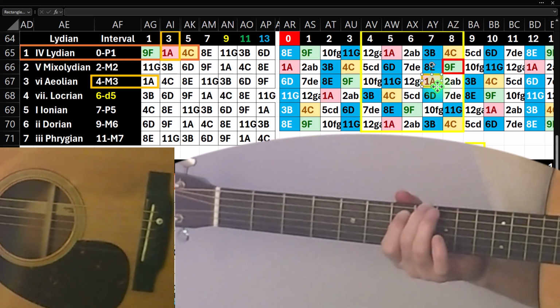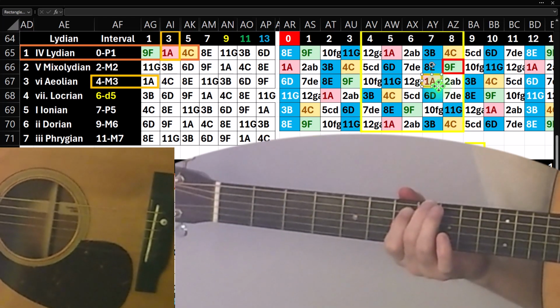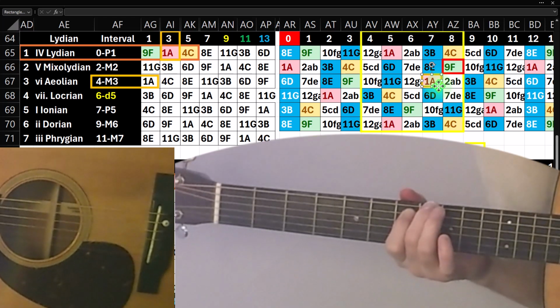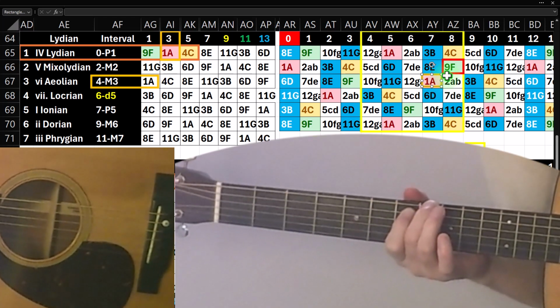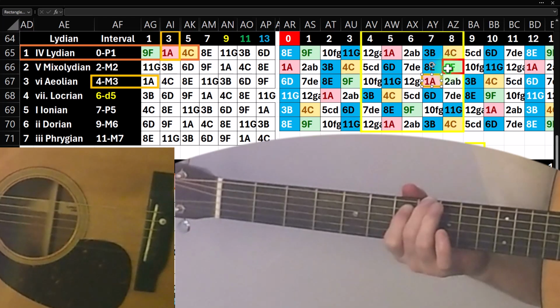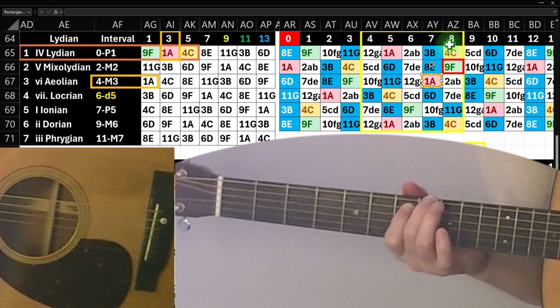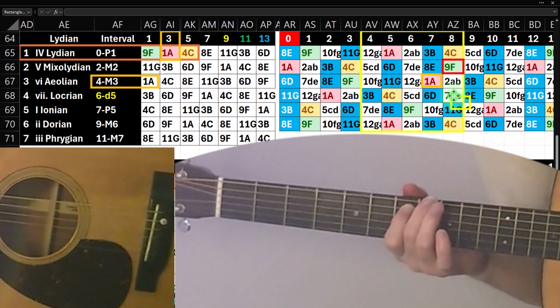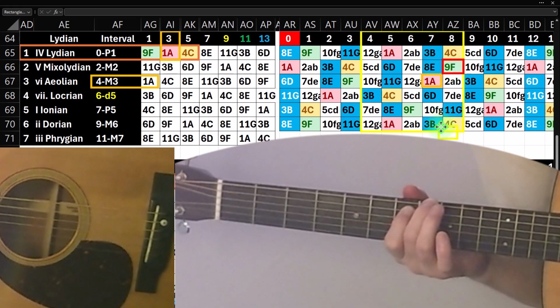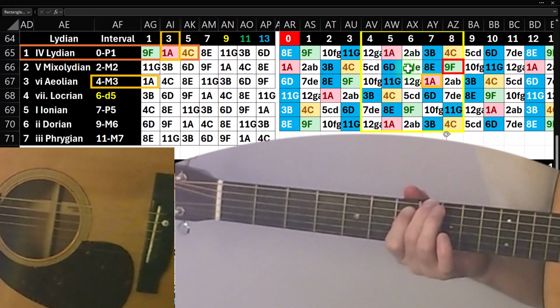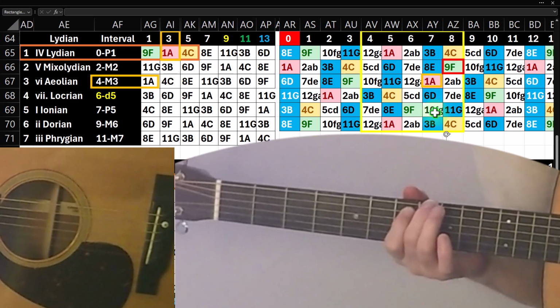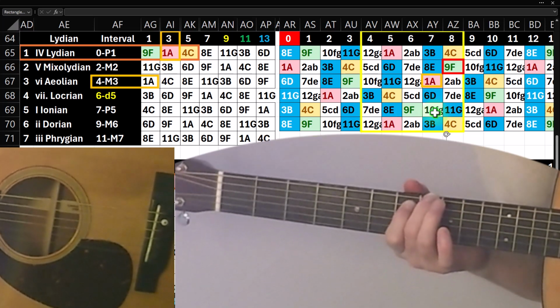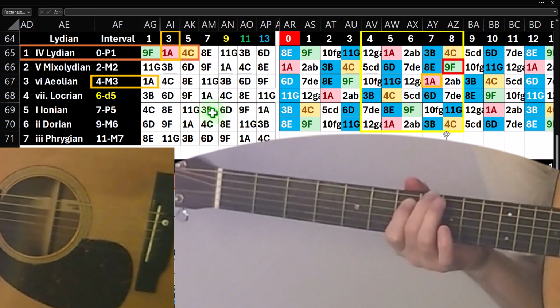But I was thinking we could think of this as going down one string, but we can also think of it as going up if I went around the horn. So let me just experiment with that. If I was going up and then I tried to go around the guitar that direction, what would happen? Let me just experiment live here.